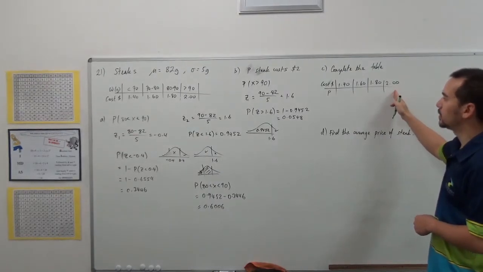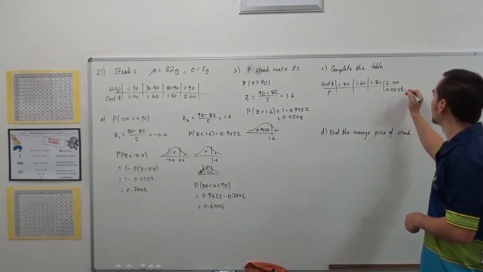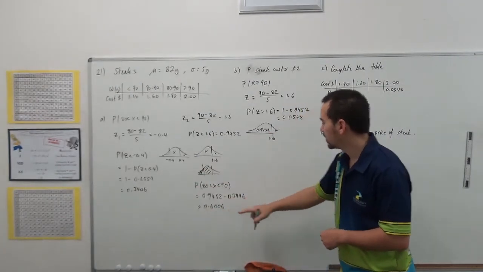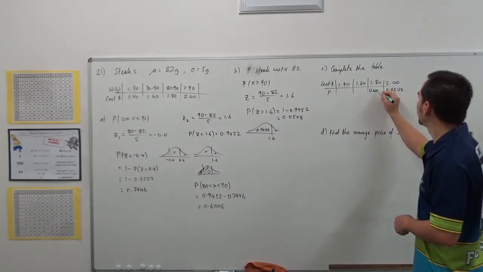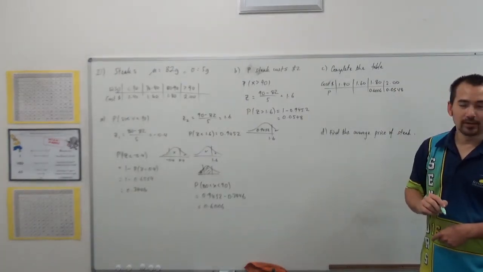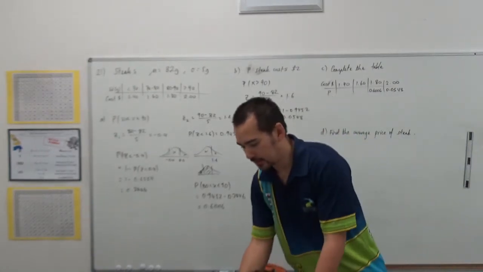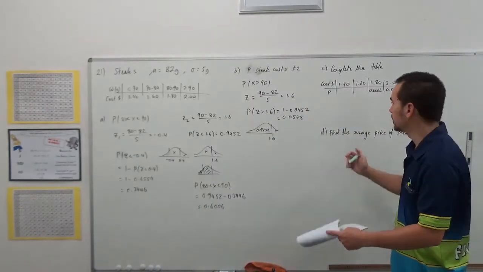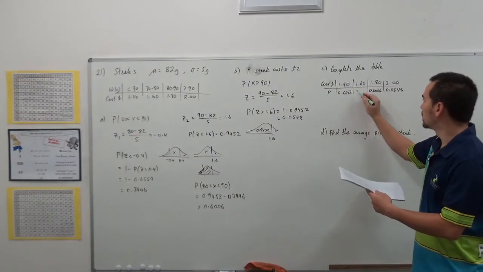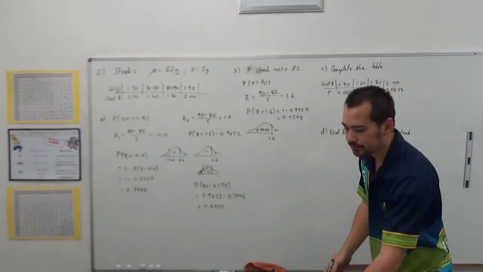At $2, we found that it was 0.0548. For the $1.80 steaks, it was 0.6006. We could spend the next few minutes working these out, but it's pretty much the same working out, so I'm going to give that to you just for now: 0.0082 and 0.3364. Okay, so that's completing the table.